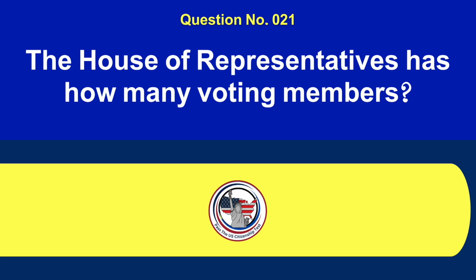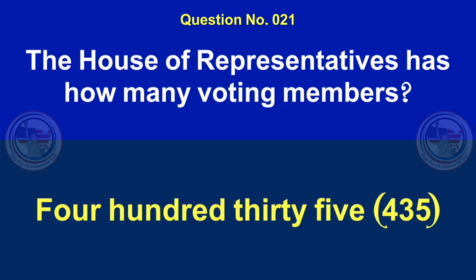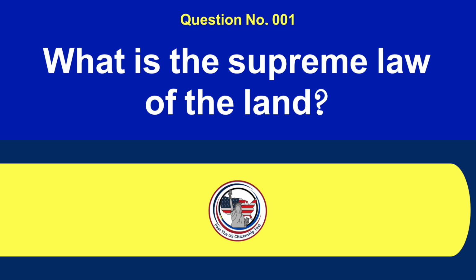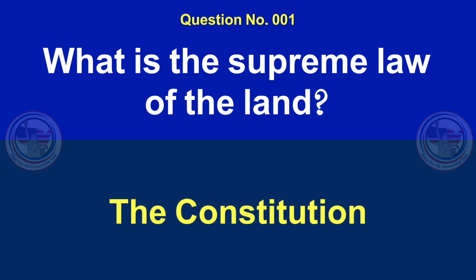The House of Representatives has how many voting members? 435. What is the supreme law of the land? The Constitution.